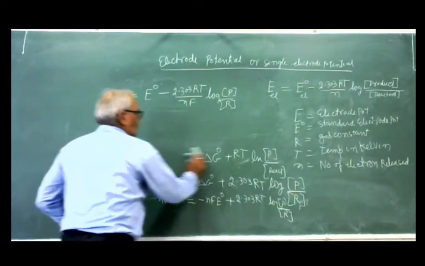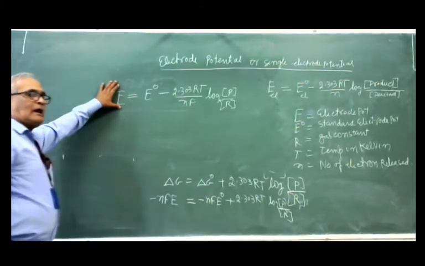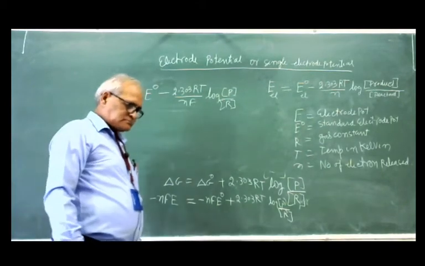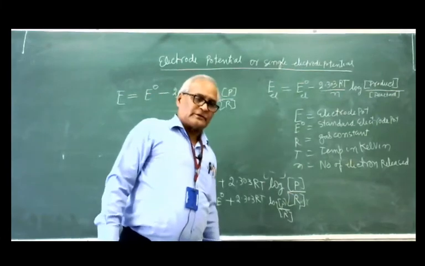So you know that E is the electrode potential at any concentration, but E0 is the standard electrode potential.